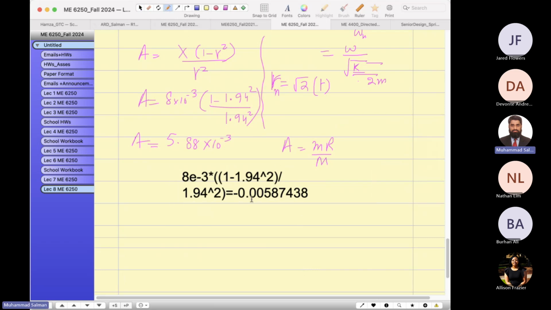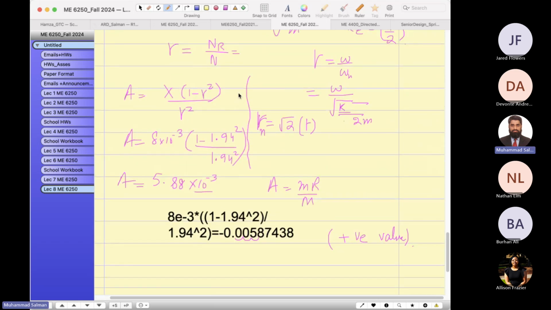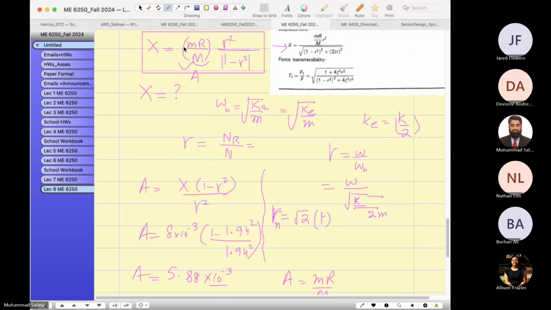So we will assume the positive value is taken. So now let's plug it in over here in the same formula.